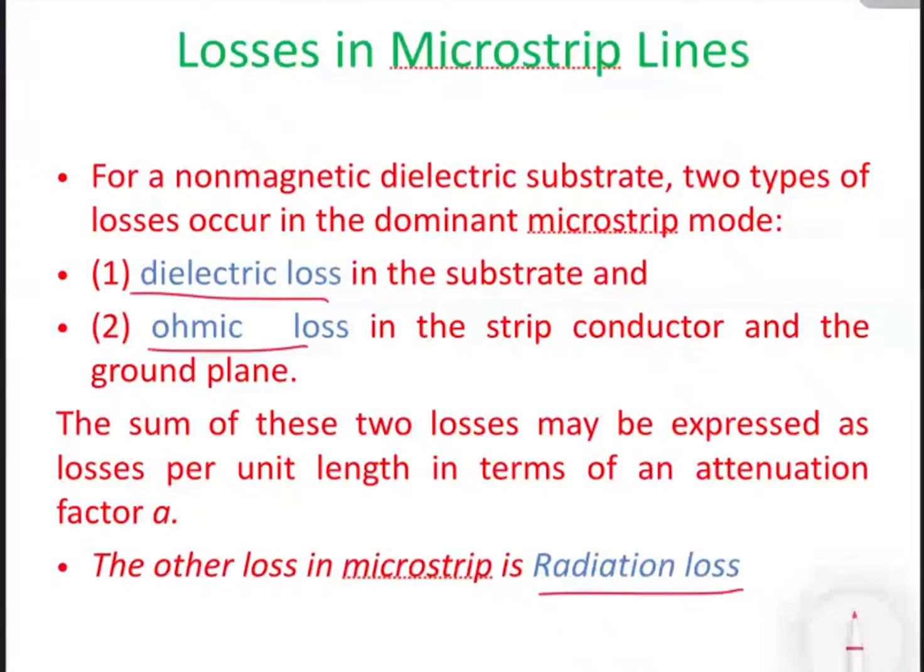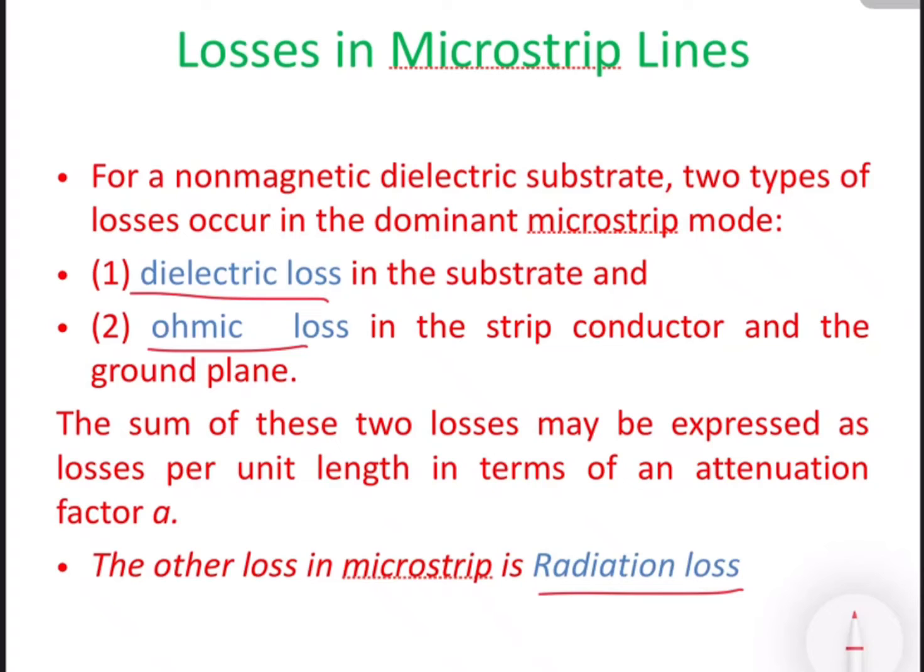So the loss is expressed in terms of loss per unit length, and also as the attenuation factor, which is alpha. The dielectric loss in a microstrip line is the percentage of loss that has occurred due to the effect in the dielectric substrate, and ohmic loss is the loss which results due to the conducting strip in a strip line, where the signal may propagate from the strip to the ground plane.